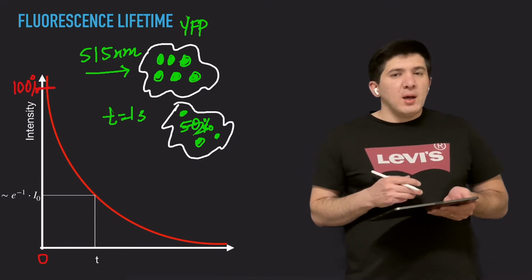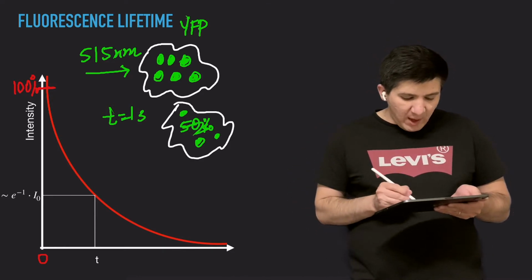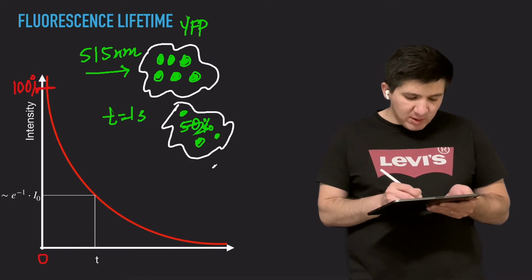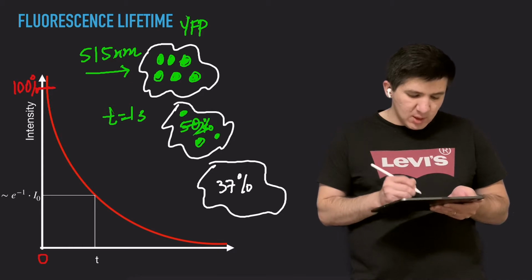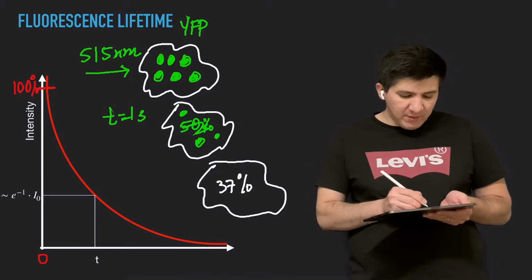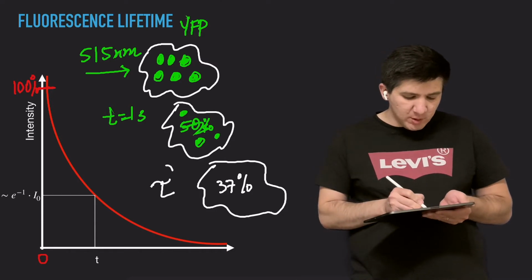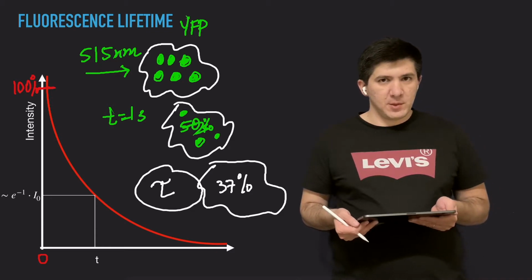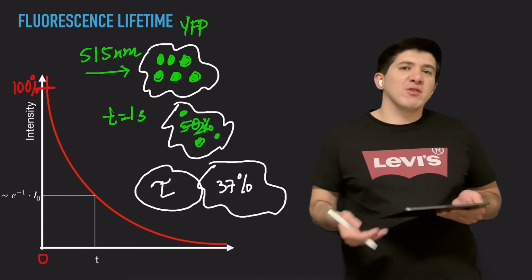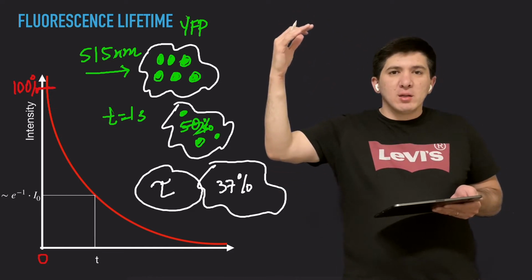Okay? Then later on, I'm going to just track this process, and whenever I've got only roughly 37% of the excited fluorophores, I will just keep this time, and this time is going to be called the fluorescence lifetime. So you can just imagine this fluorescence lifetime as, we've been able to excite a molecule, right?